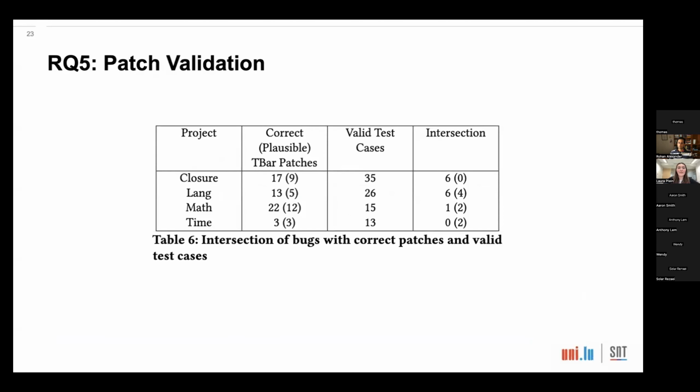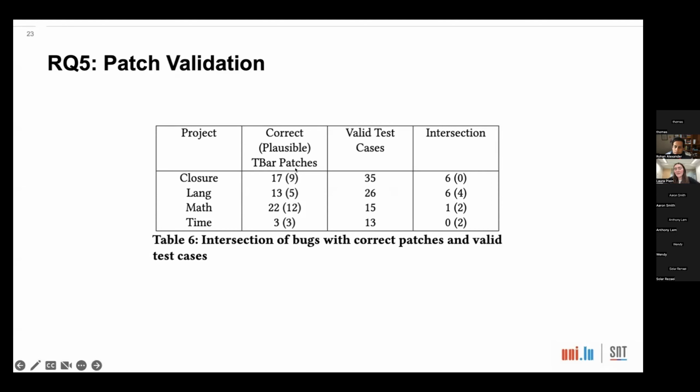So the last part was on the patch validation. Here we used again the patches that were generated by T-bar, and we always distinguish between the correct patches and the plausible patches.